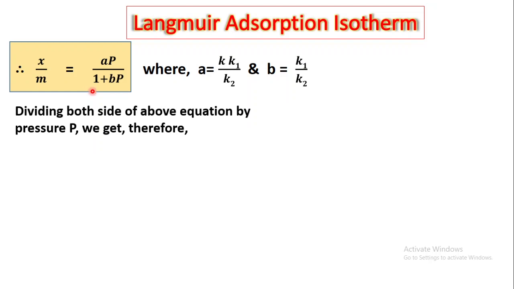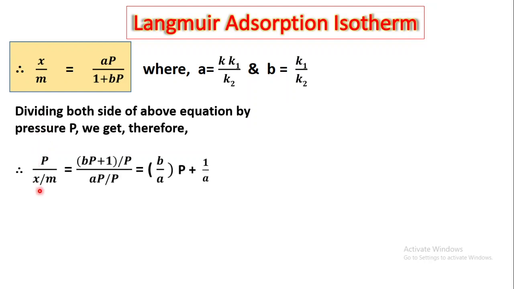Now divide both sides of the above equation by the pressure term, and then we get p upon x upon m is equal to BP plus 1 upon AP, over P. Simplify this equation, then we get p upon x by m equal to B upon A times p plus 1 upon A, and this equation is similar to y equal to mx plus c. Here x is equal to p and m is the slope, that is B upon A.